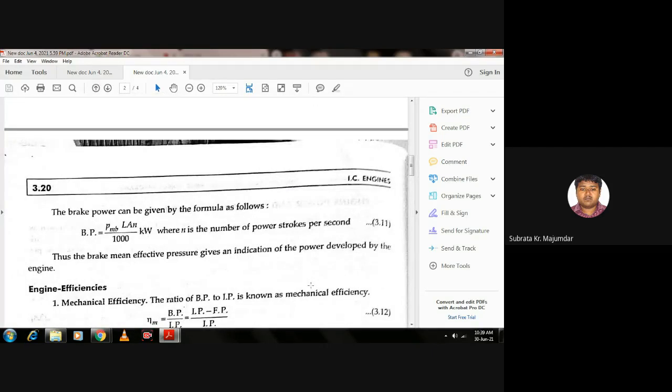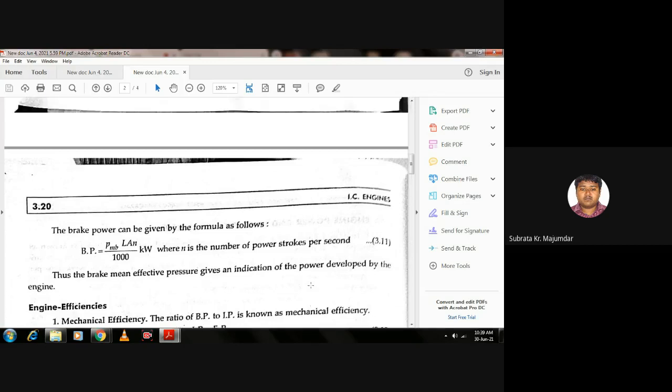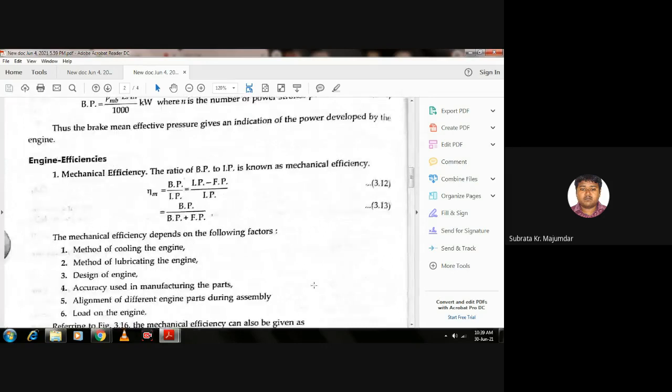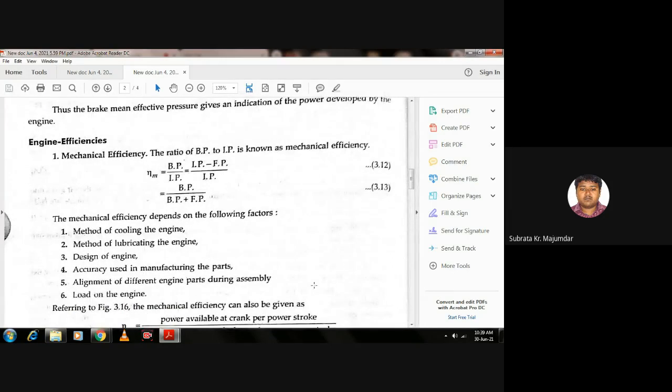The brake power can be given as P_mb into L into A into N divided by 1000. L stands for the stroke length, A stands for the area, N stands for the number of strokes, and P_mb stands for the brake mean effective pressure. These are the three important terms.